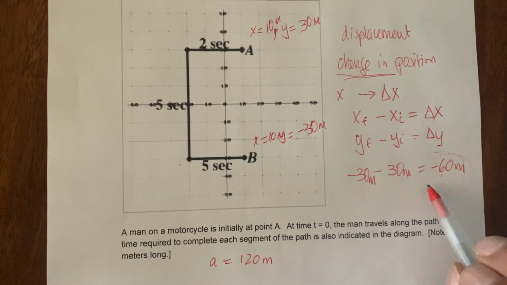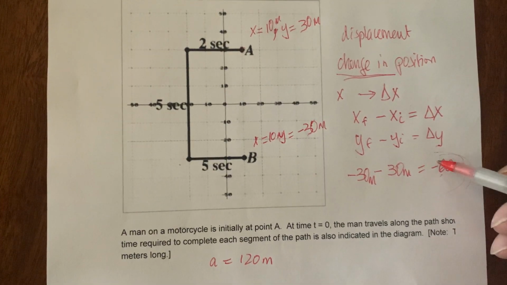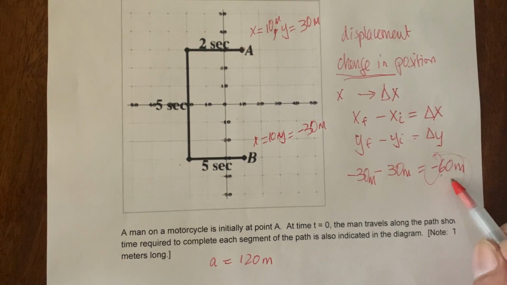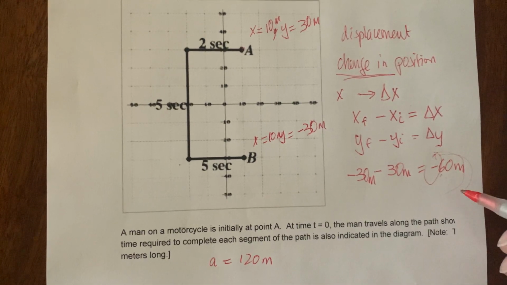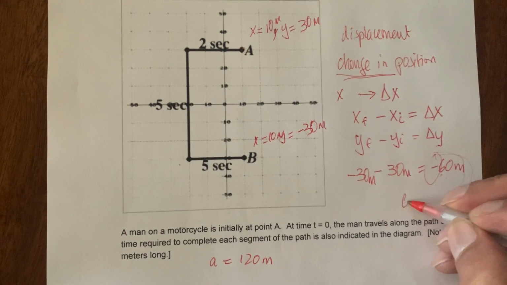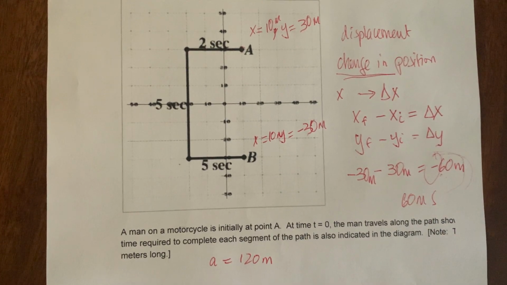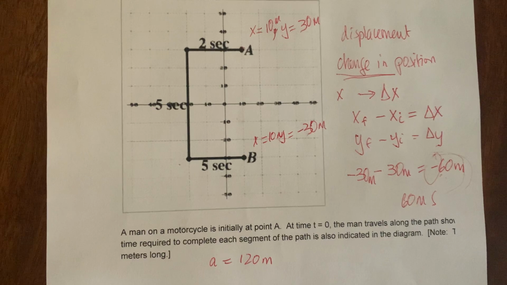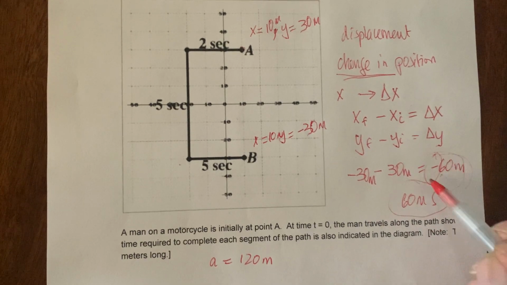So your displacement should be written as negative 60 meters, where the negative is simply showing the direction. So you are negative 60 meters from where you were in the y direction. Just putting negative 60 meters or 60 meters south would mean the same thing, but that would be telling me not just how far I am, but what direction I am.